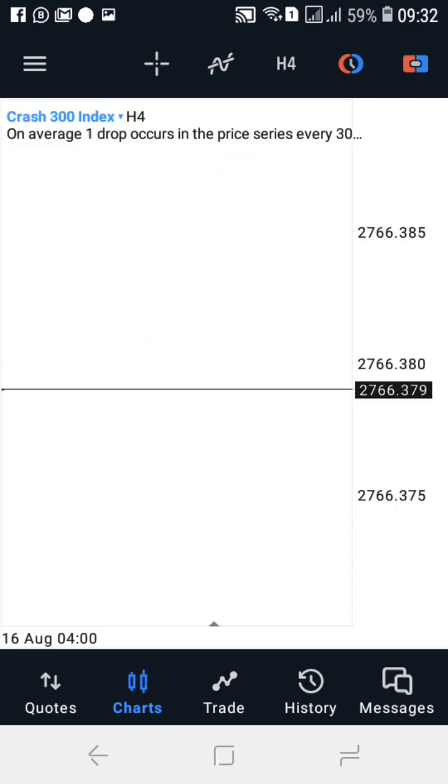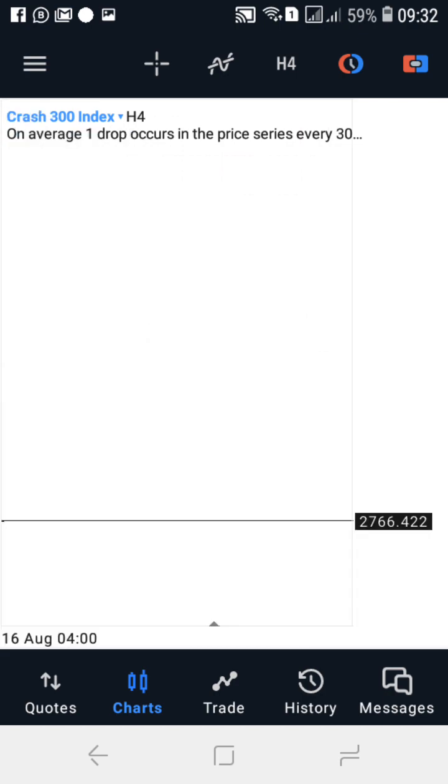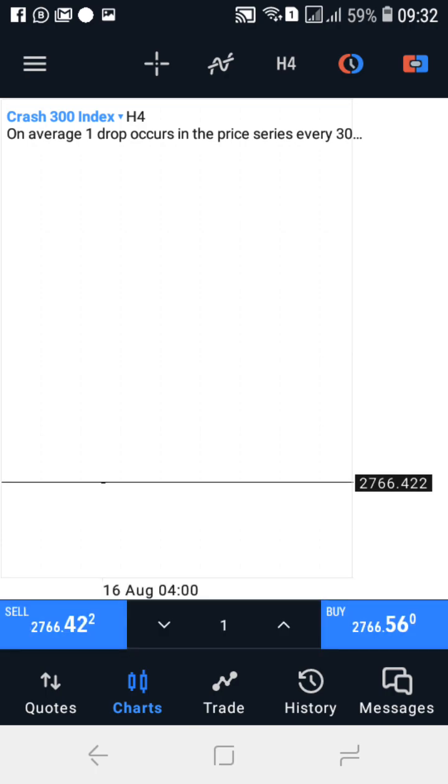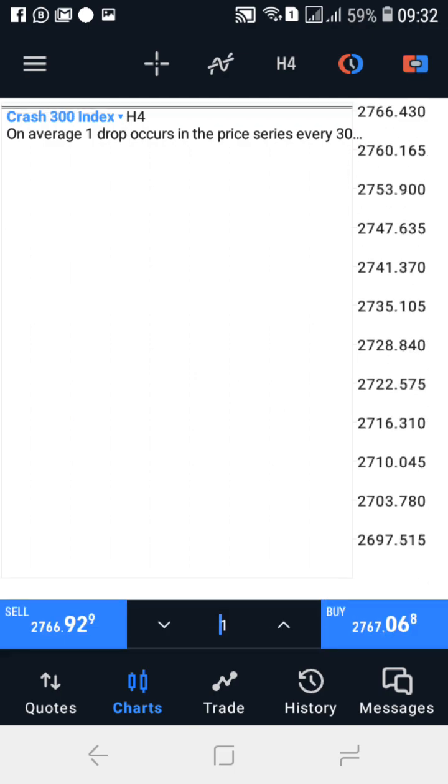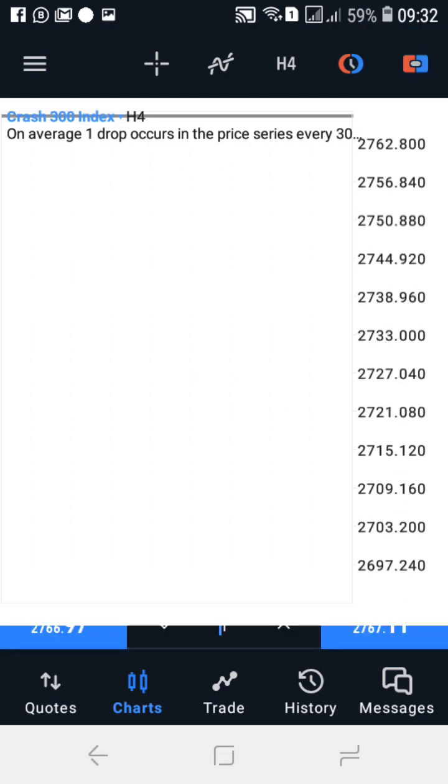Okay, now let's look at the margin. The leverage of the real account and the demo account are not the same. There's this button at the top where you can put buy and sell on the chart.